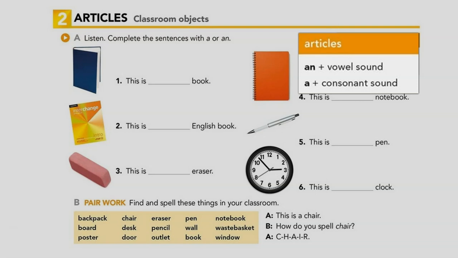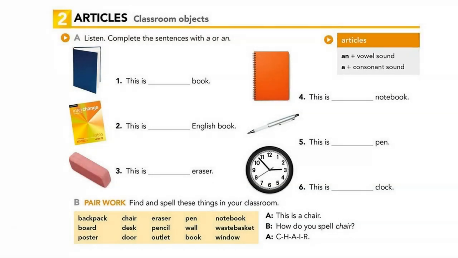A plus consonant sound. 1, This is a book. 2, This is an English book. 3, This is an eraser. 4, This is a notebook. 5, This is a pen. 6, This is a clock.